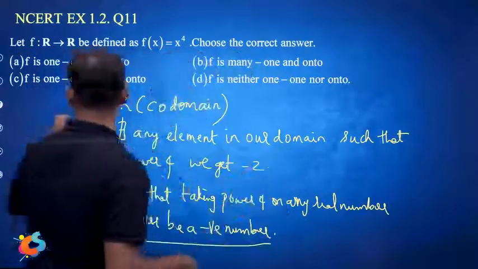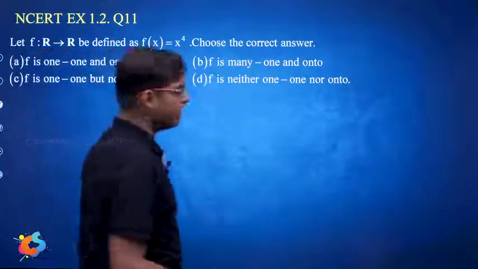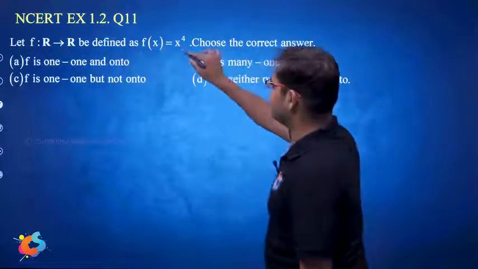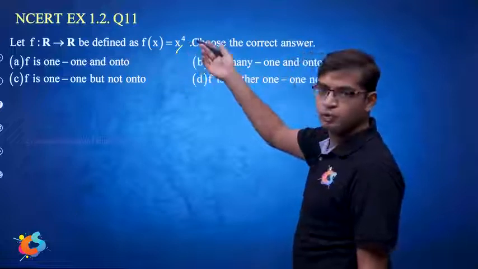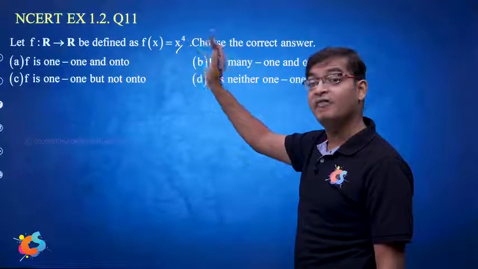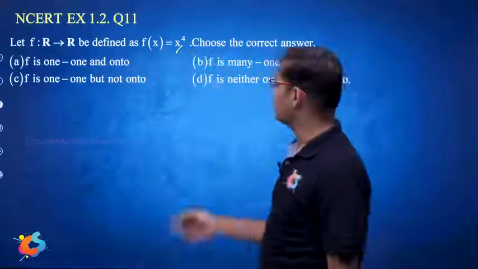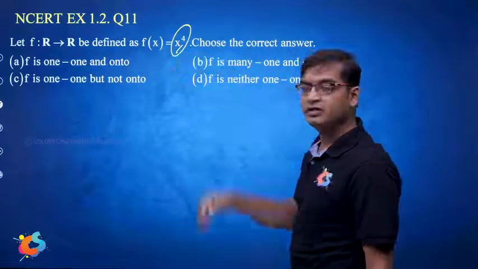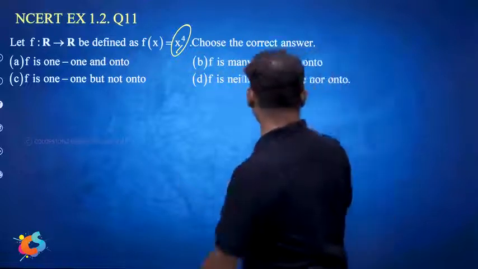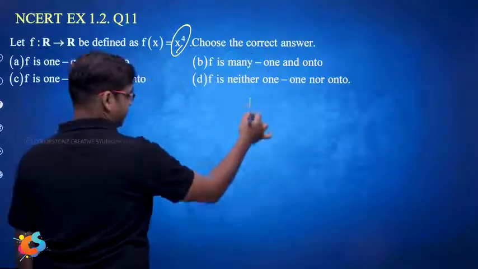Now, if it is the same problem in competitive exams, how will you do it? Very simple. Just by seeing, I can say minus 2 power 4 and 2 power 4 have the same y value, so this is not 1-1. Is it onto? It is not onto, because x power 4 will not give negative numbers. If you want to draw the graph, it is also very simple.